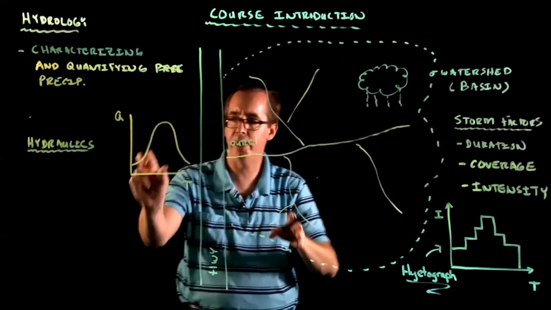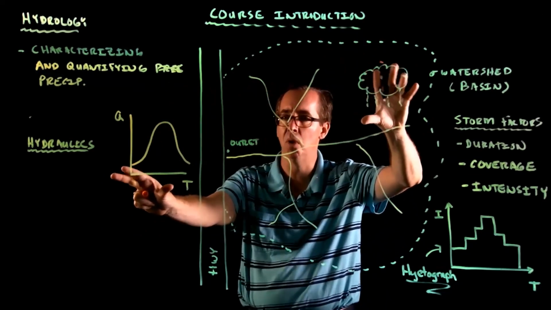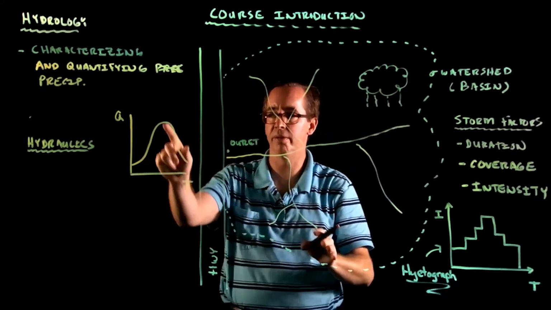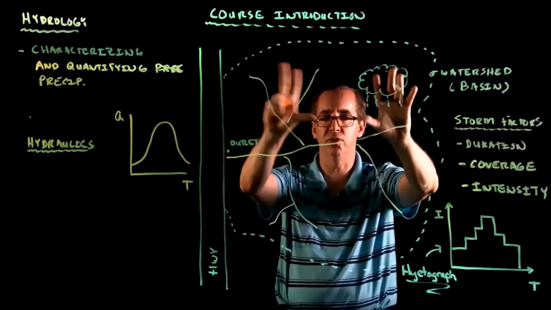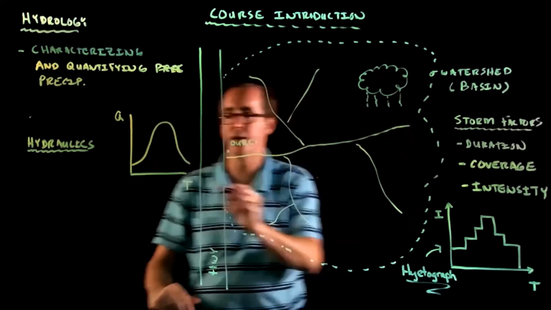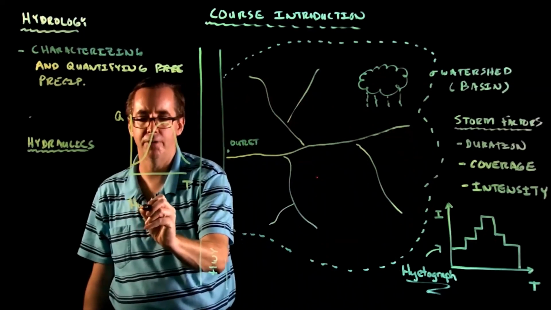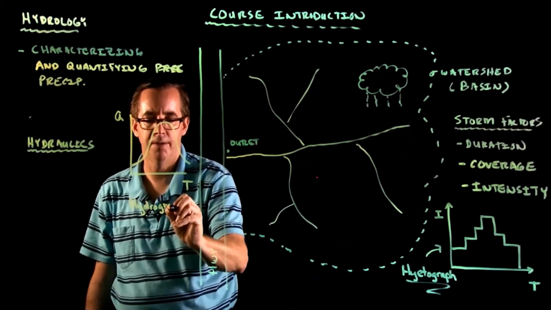It might start off real small because there's not a lot of area contributing to the flow, but little by little it's all contributing. It reaches some peak flow, and then from that point on it's going to drop off once the storm eventually ceases. This right here is what we refer to as the hydrograph.